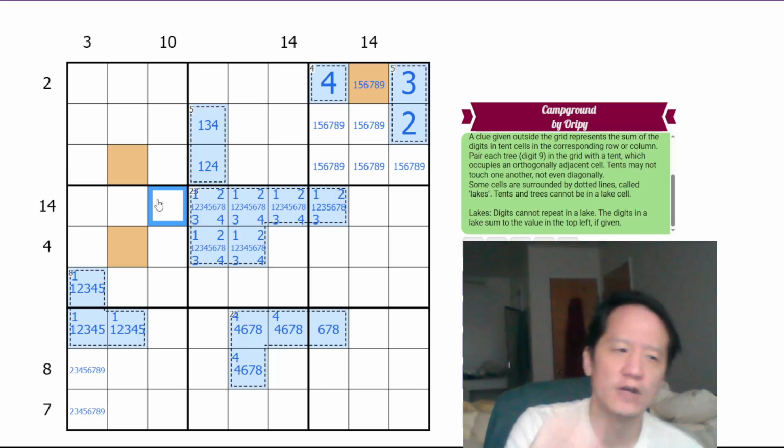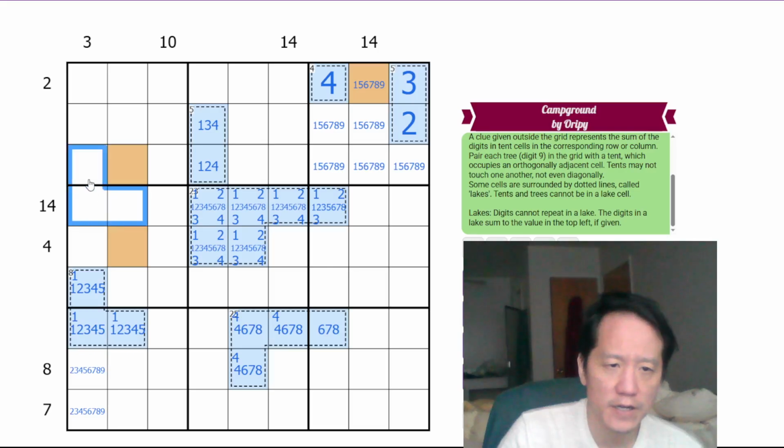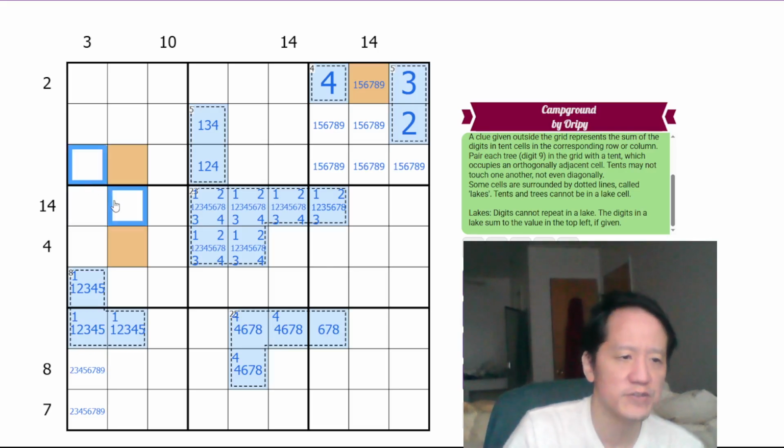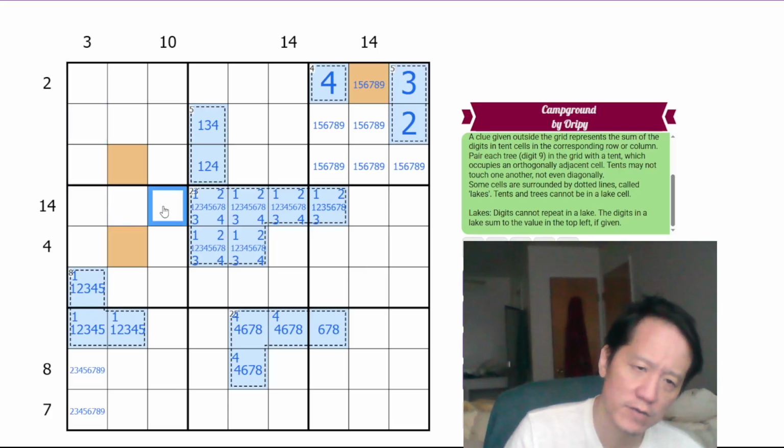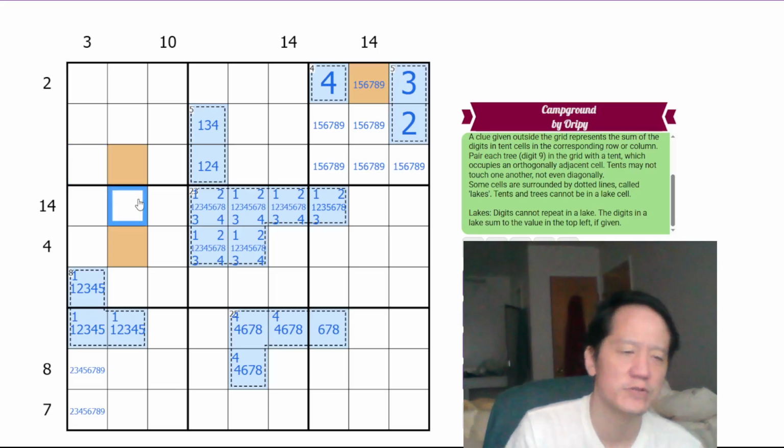One thing you can never have is a 9 and a 9 next to each other, even diagonally connected. Well, you could have it because it could go here and then here. That's possible. Never mind.